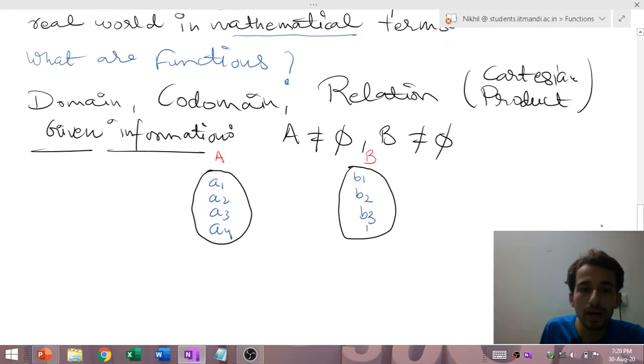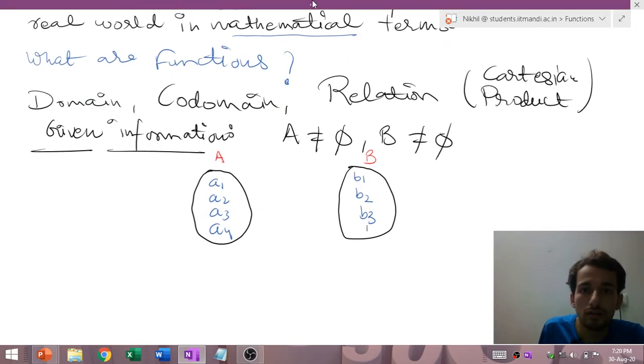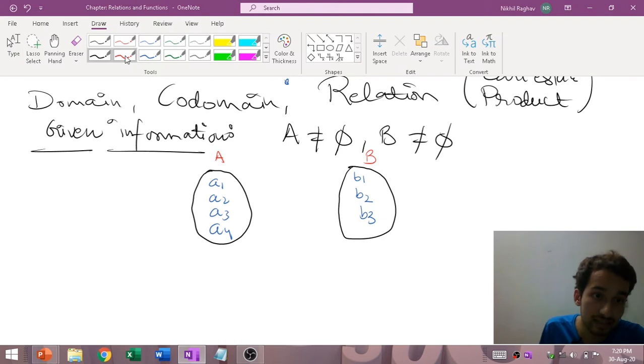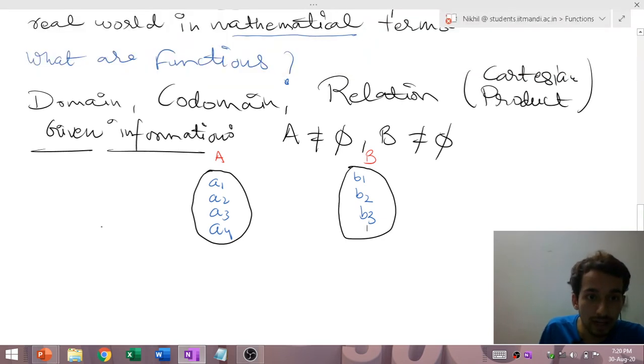Now, how can I define my function? What is the basic requirement for a function? That we should have at least 2 non-empty sets, and now this function is nothing but a rule. What is it? It is a rule. And how is this rule defined? That corresponding to every element of the set A. This set A, if you recall, was a domain.